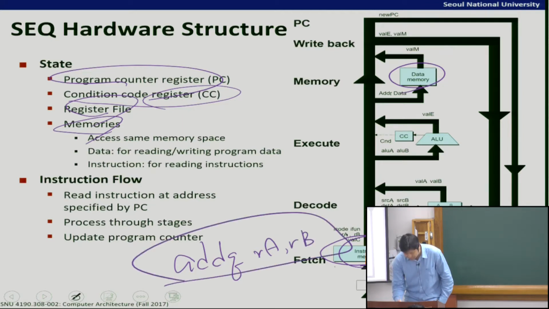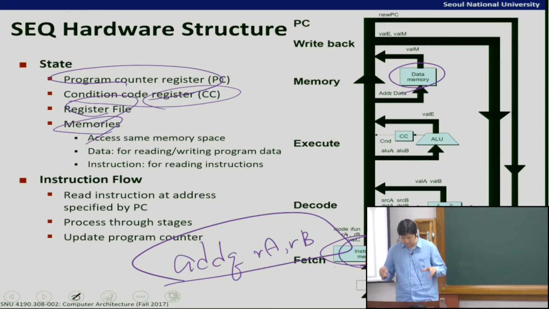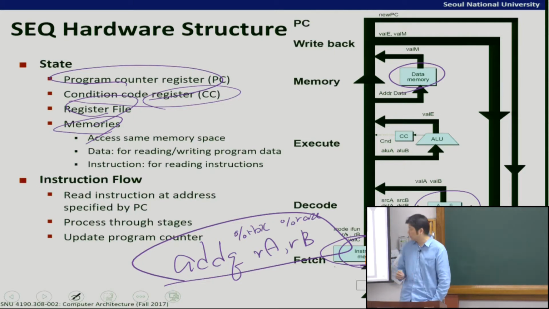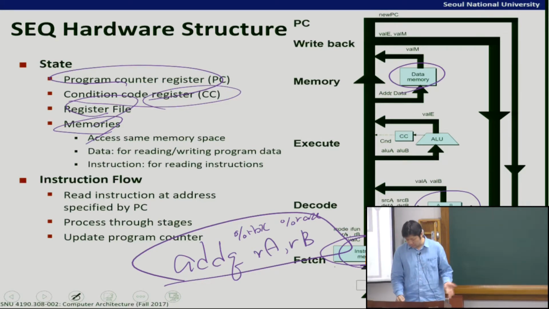First, you read this instruction code, the 2-byte instruction from memory, and then you read the values of the registers. Let's say this is RBX, and this one is RAX. You first read the values of RBX and RAX from the register file.